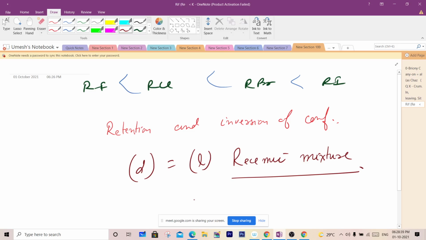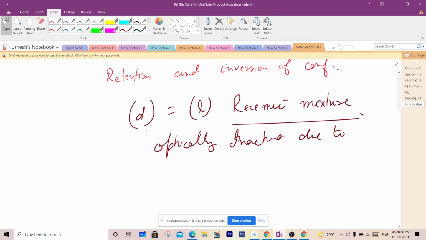Will it be optically active or not? The dextro will be compensated by the levo, so it will be optically inactive, due to external compensation.